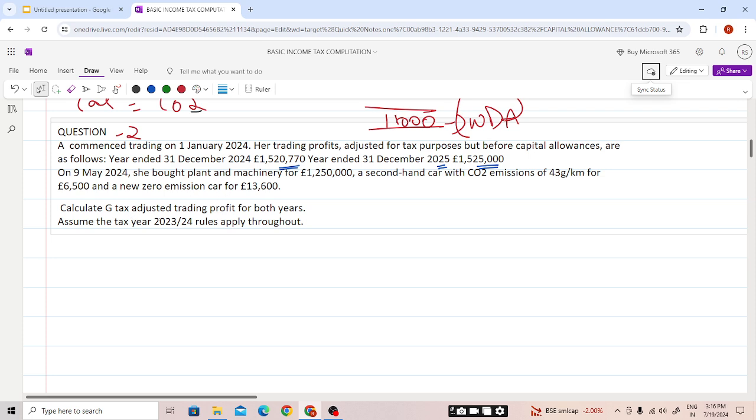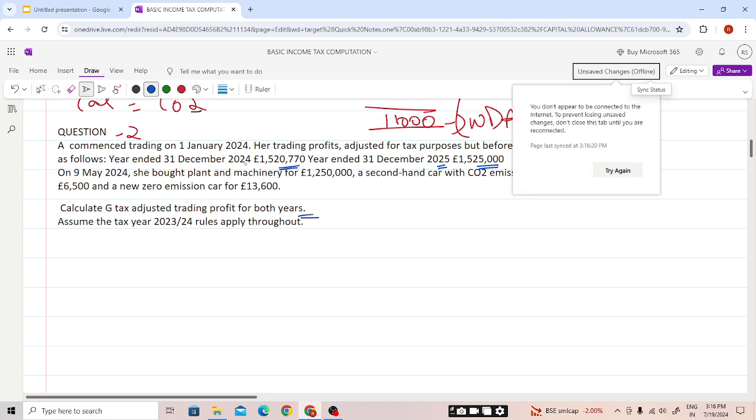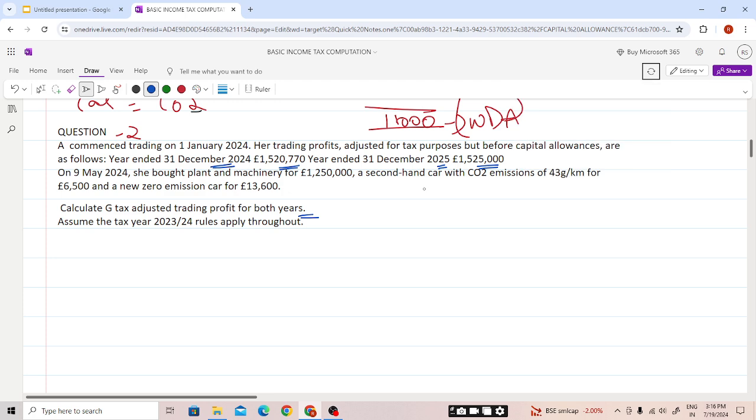Calculate the tax adjusted trading profit for both years, that is 31st December 24 and 31st December 25. Assume that tax year 23-24 rules apply throughout.